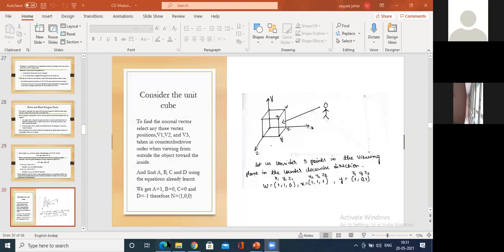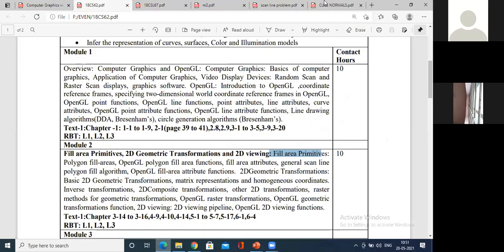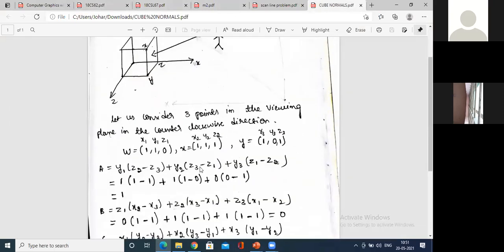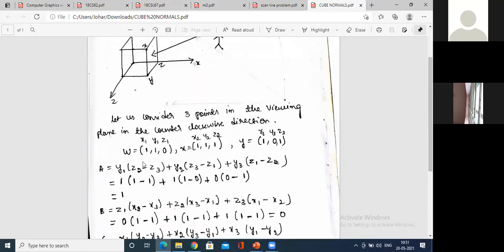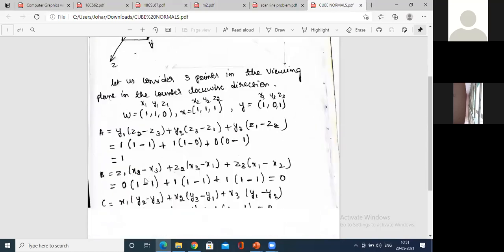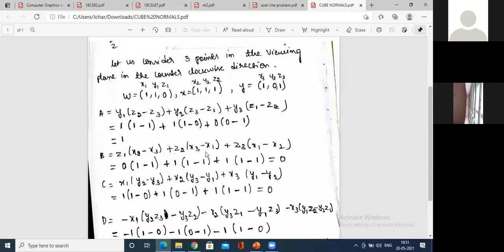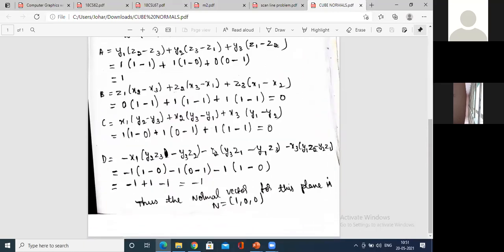So I've displayed this problem also. I have attached this problem on how to identify the cube normals with this example. Explain this, how do you identify x, y, z and all, and calculate. You could see A has been calculated, B, C, D for the particular face. So how do you write the normals?